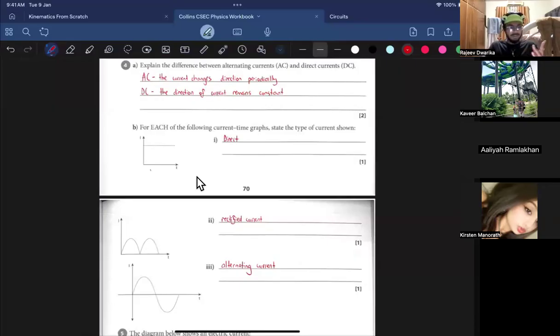Okay, cool. Does everybody have it copied down? Yeah. Okay, cool. Aliyah, Kirsten, I guess that you all have it copied down. Yeah, Justin, eat food.